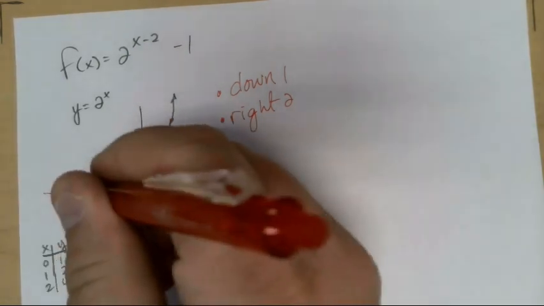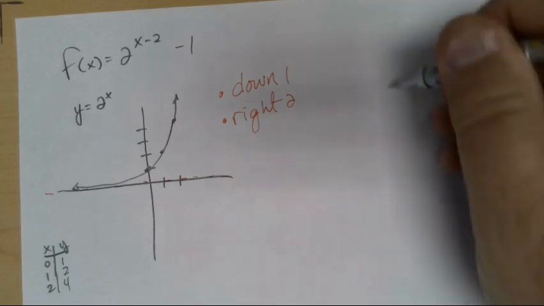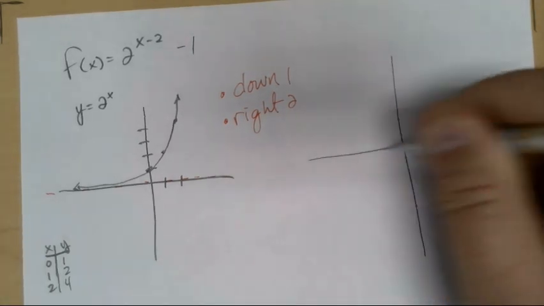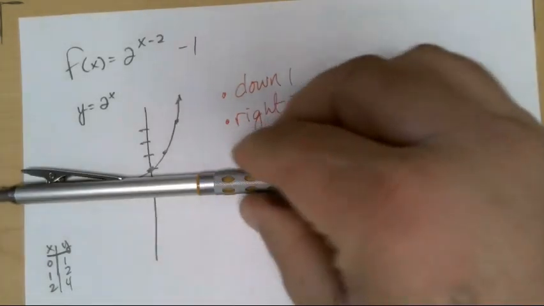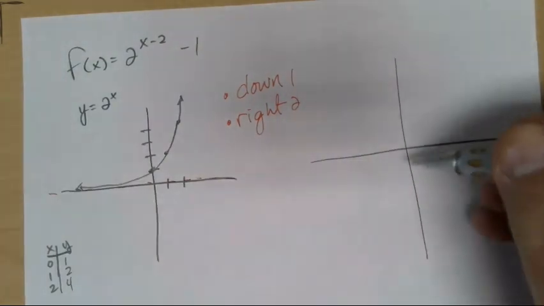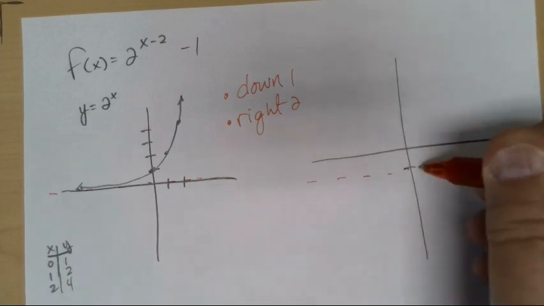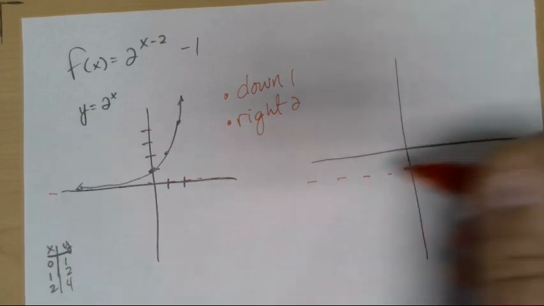And realize this has an asymptote right there. So if I was to regraph this, if I take that asymptote and I shift it right 2, doesn't change, but down 1 does. So this is going to have a new asymptote right there.